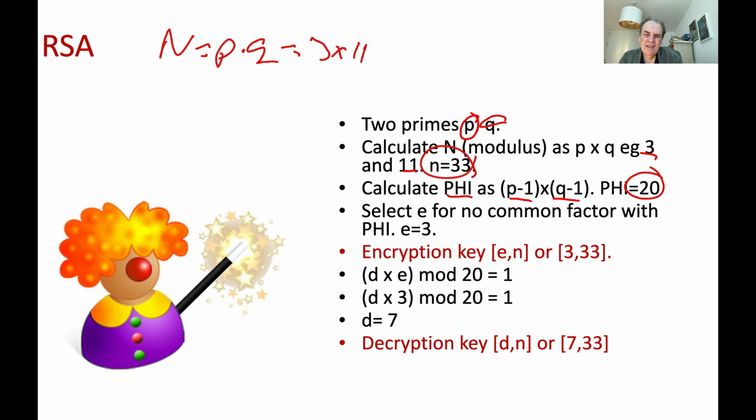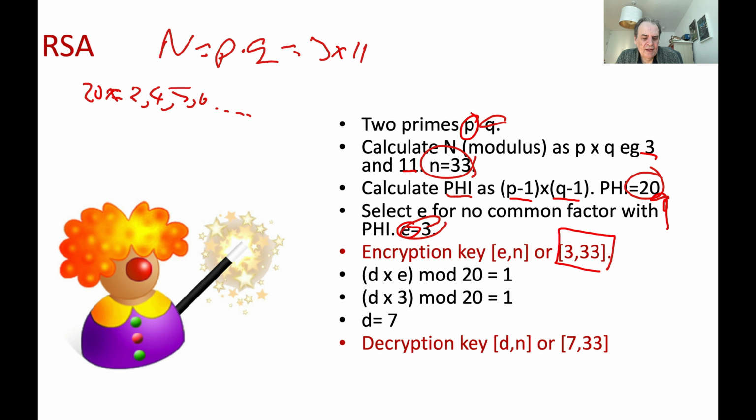We then select a value of e that doesn't share any factors with phi. So the factors of phi are 2, 4, 5, 6, and so on. So let's select 3 because that isn't one of the factors of phi. So our encryption key is now 3 and 33.